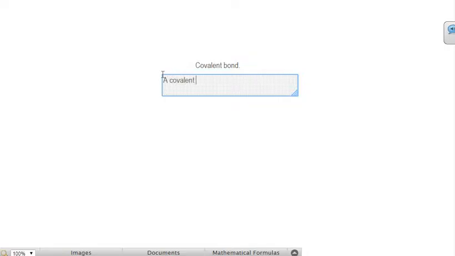Now let's take a covalent bond. A covalent bond is formed by the sharing of electrons.